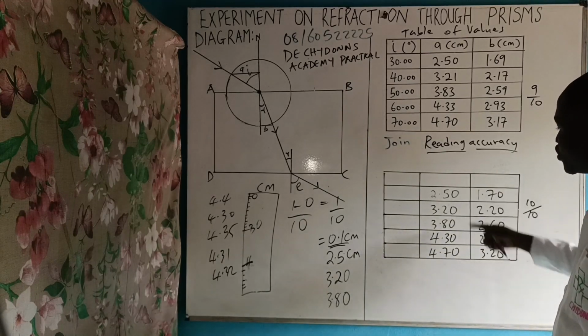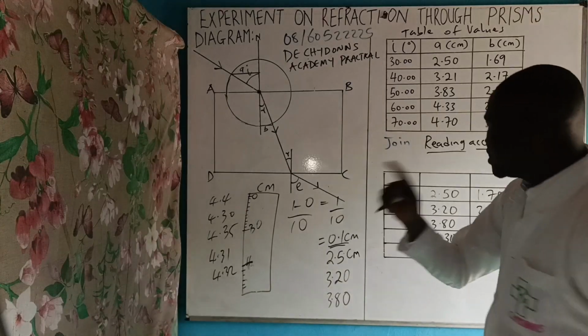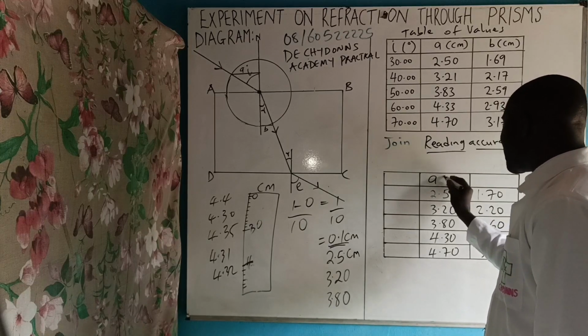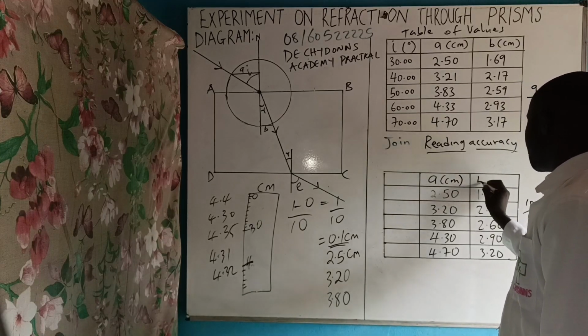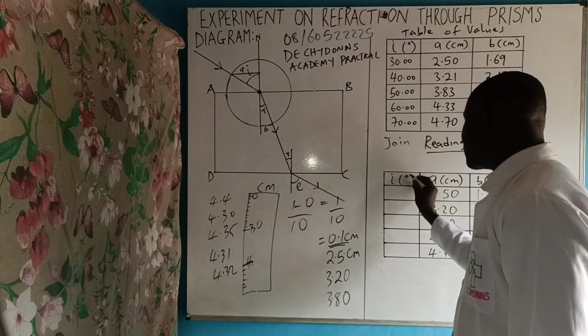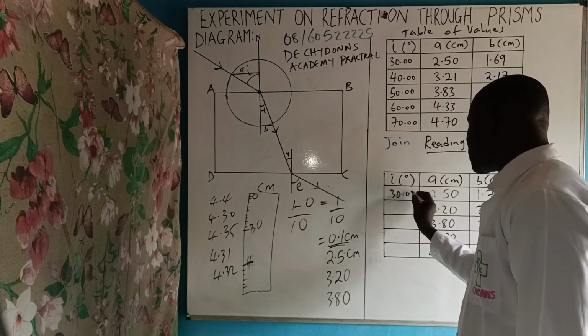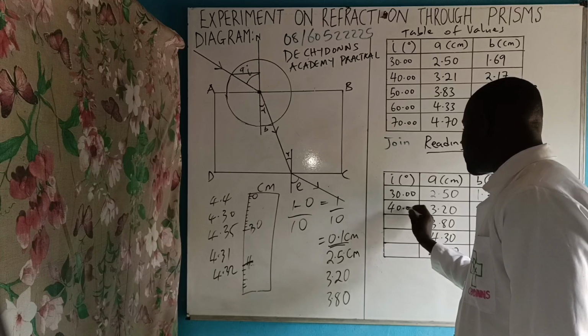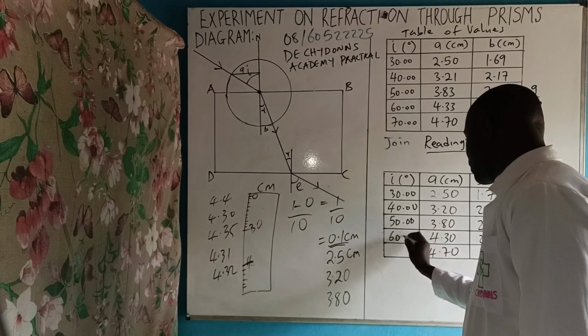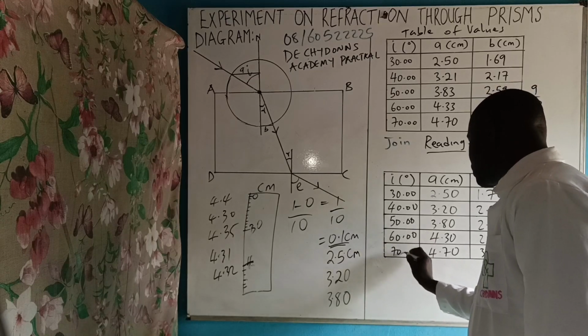That means I can measure this from my meter rule or centimeter rule, because we are dealing with a centimeter rule. This is A in centimeter, B in centimeter, then I in degrees, 30.00, 40.00. These were given to us.